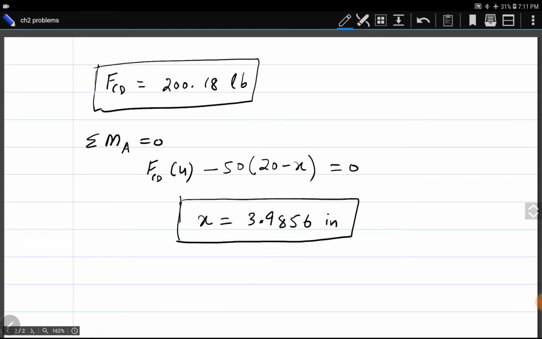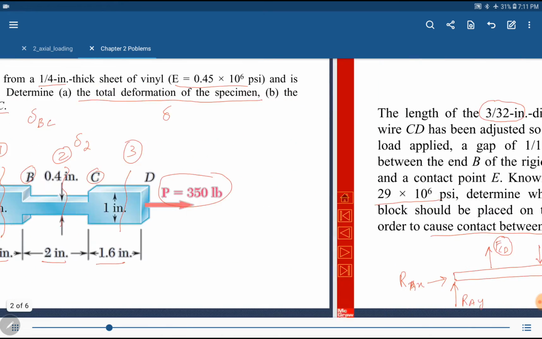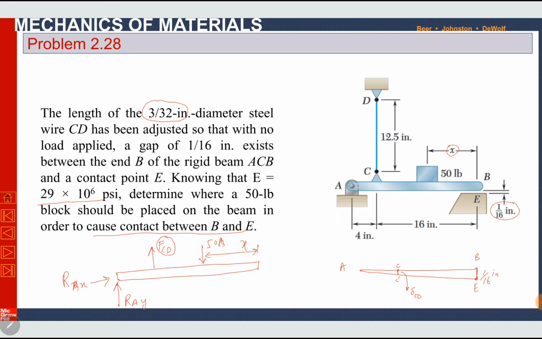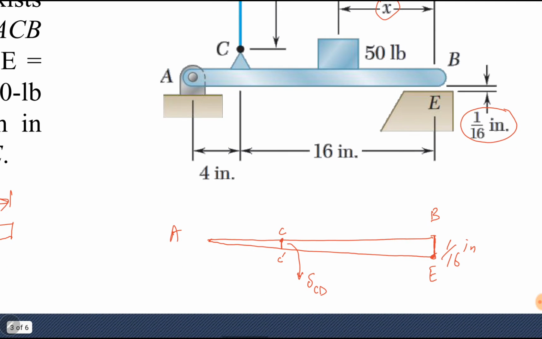We were asked to find the distance of this weight of 50 pounds from end B, so that this beam ACB, which is a rigid beam, rotates and the end B makes contact with point E. To make this contact, it has to cover a distance of 1 by 16 inches vertically. If we move from B to E, point A is fixed. It is a pin support, so it will make a triangle ABE.